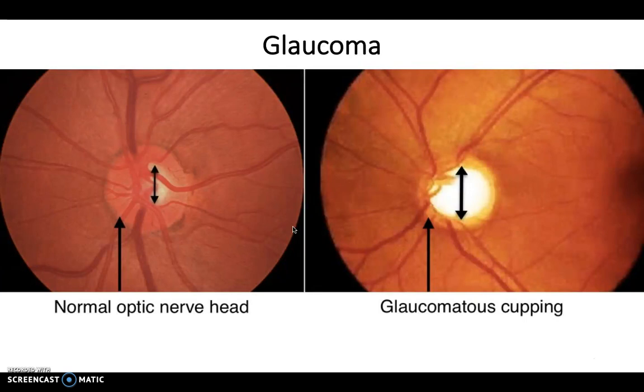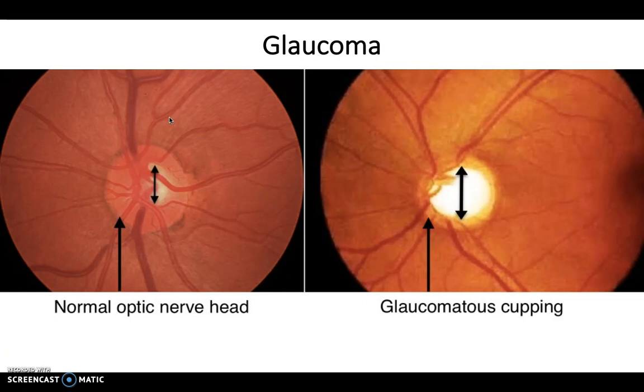So let me go to the first slide here, in which we look at glaucoma. This was the optic disc, as I explained earlier, and in the center you have an optic cup, and the size of the optic cup compared to the size of the optic disc is what we call the cup disc ratio. If you look at this, it's around 30 to 40% of the size of the optic disc, so the cup disc ratio in this case is approximately 0.3 to 0.4.